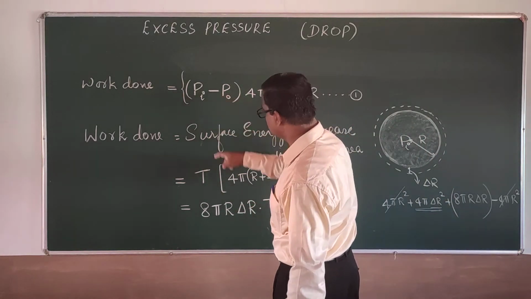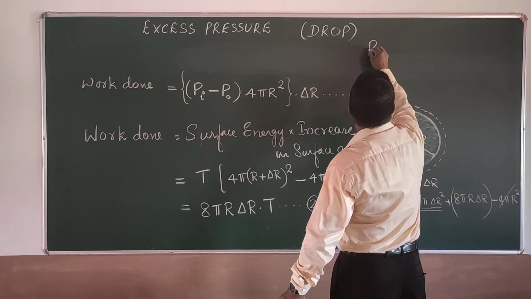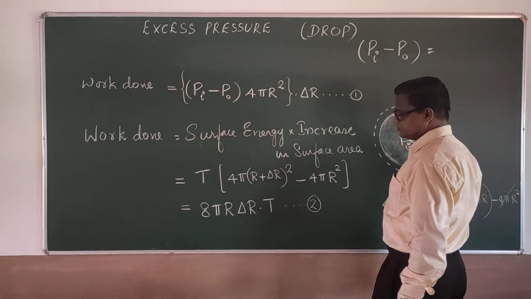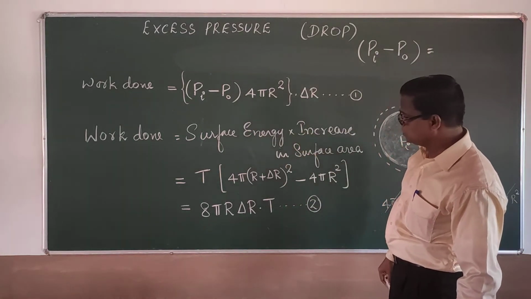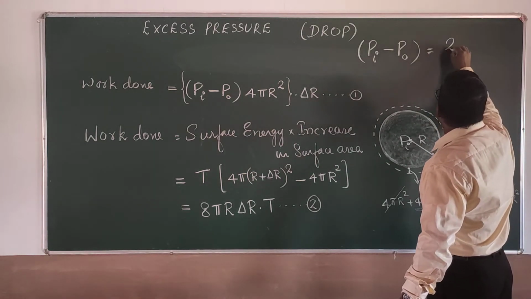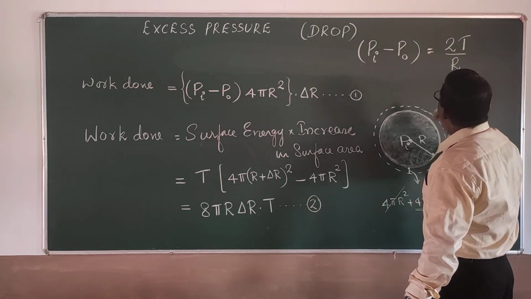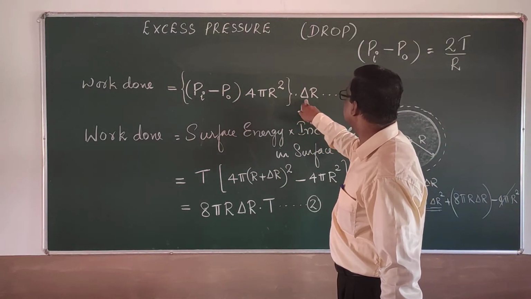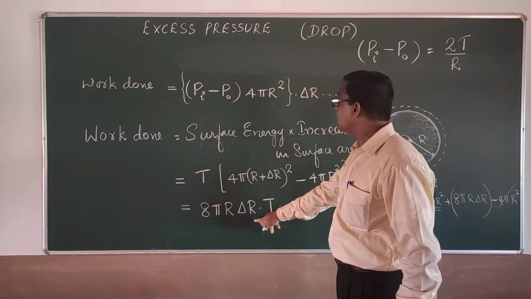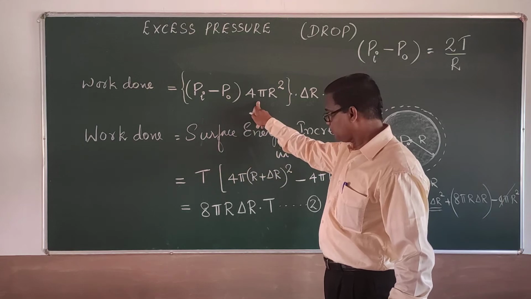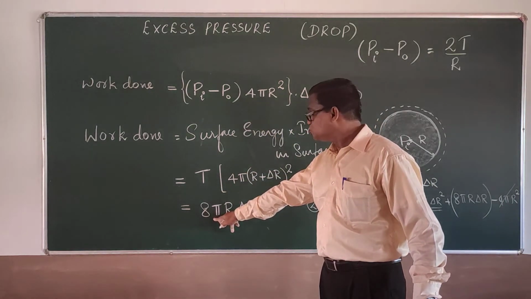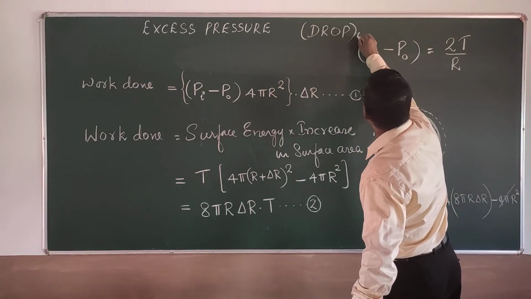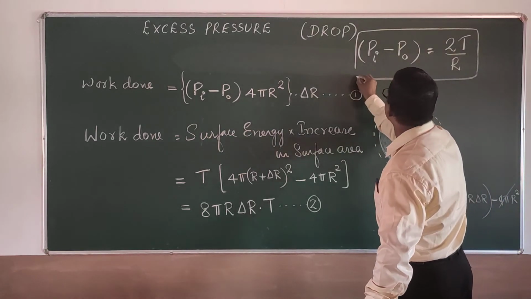As we equate them, we get Pi minus Po equal to 2T by R. Because 4 pi r square is here, delta r and delta r cancel, then 4 pi and 8 pi give a factor of 2. So 2T by R remains for the excess pressure inside.